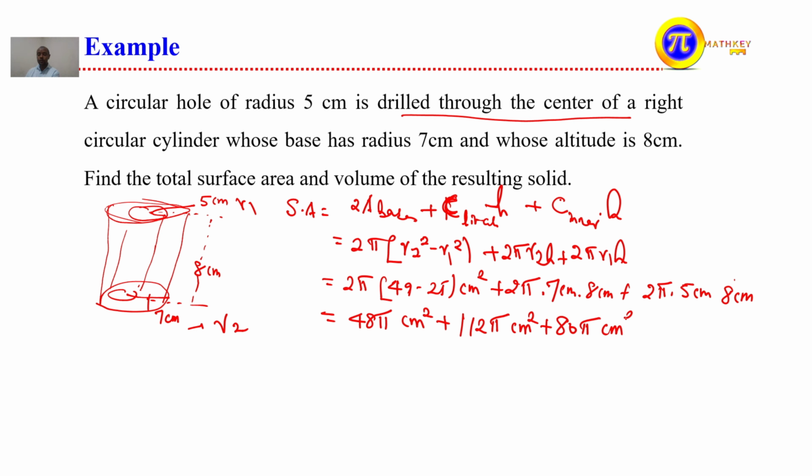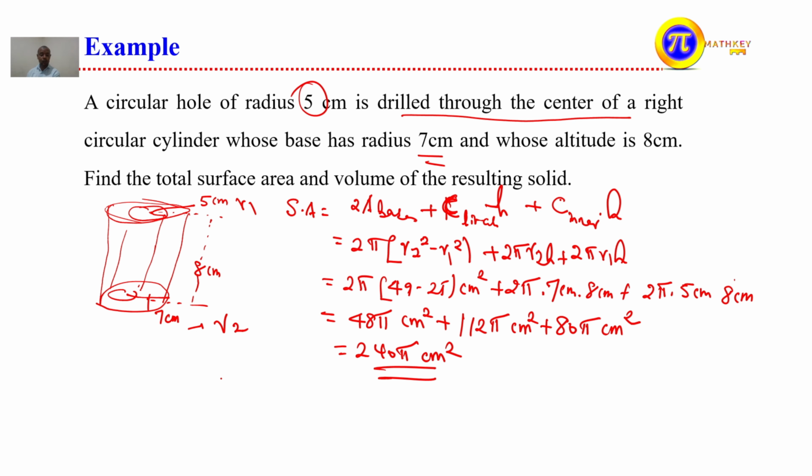Adding them, 48 plus 112 is 160, and 160 plus 80 equals 240 pi centimeter square. This is the total surface area of this cylinder which has a right circular hole of 5 centimeter drilled out from a radius of 7 centimeter. We can find it this way.